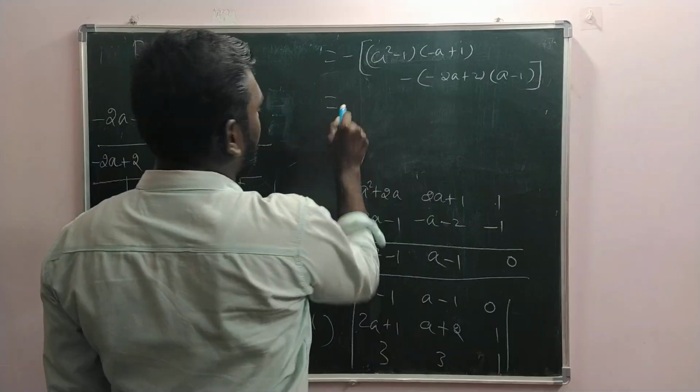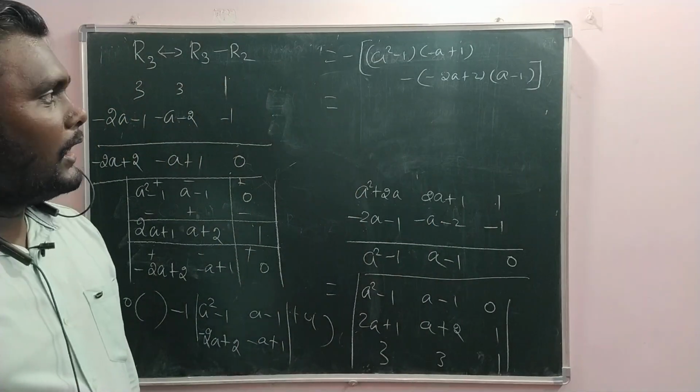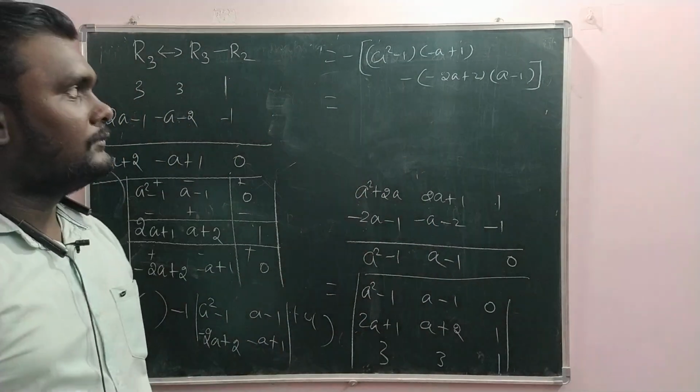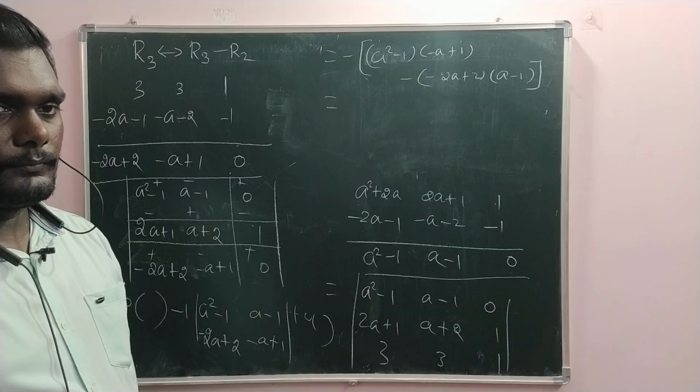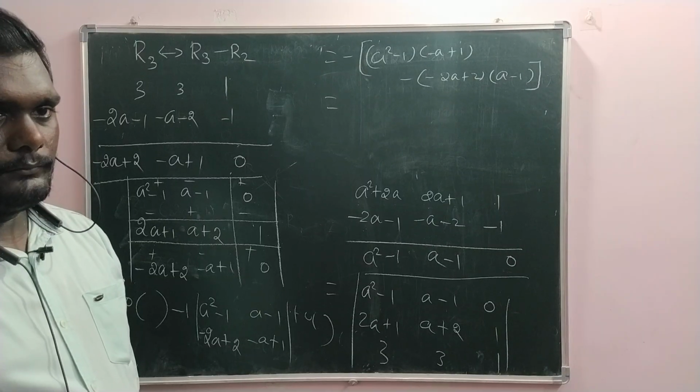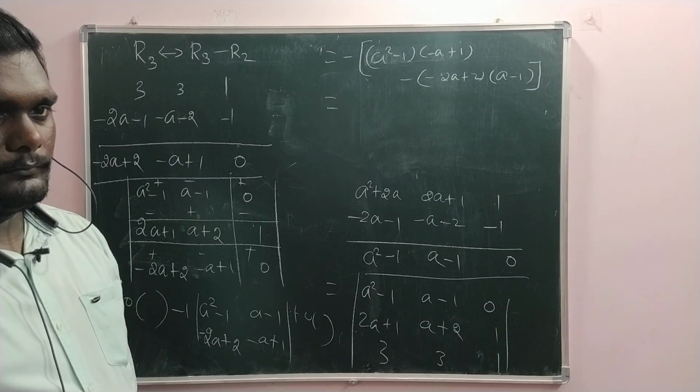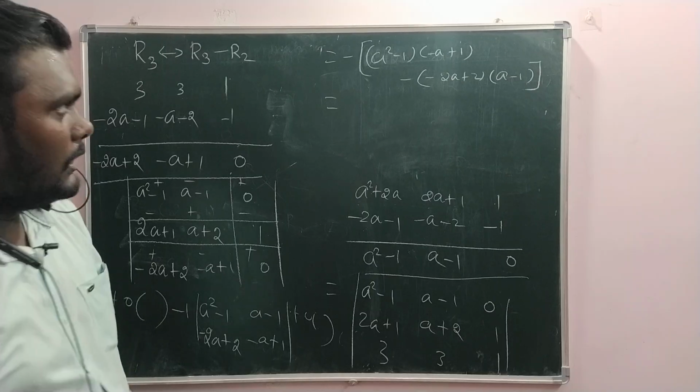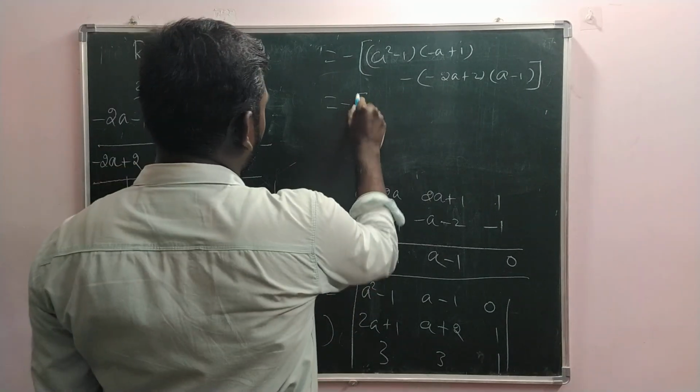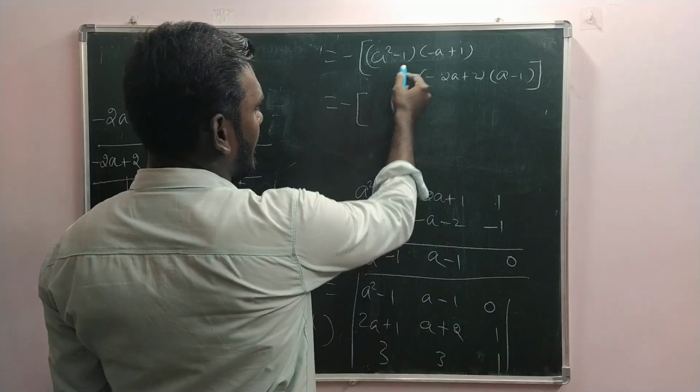Now you just simply multiply, or we can take things as common. Then a minus 1 can be taken as common.